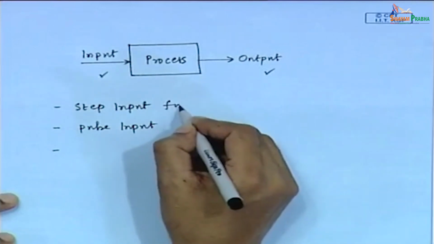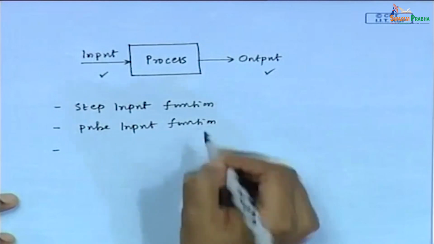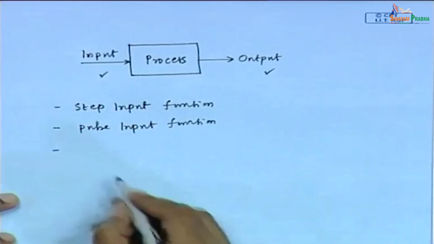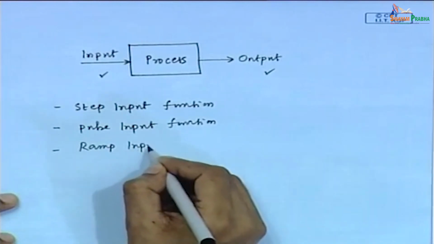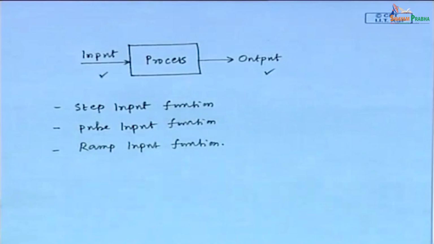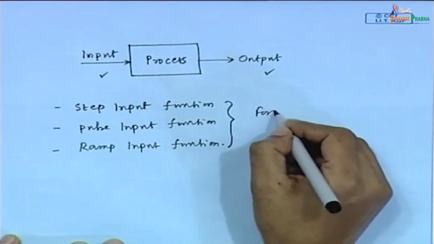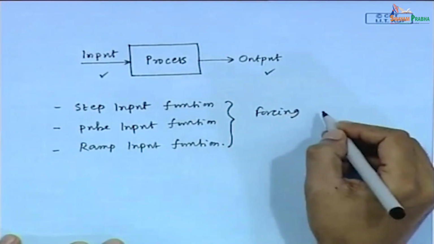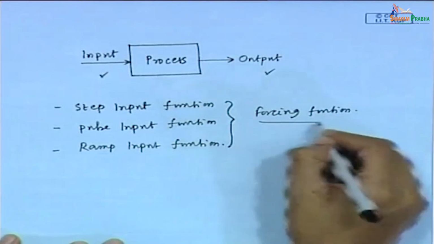It is better to write step input function, pulse input function, then ramp input function, fine. So, these functions are basically called forcing function. I mean, we will use this name, forcing function.